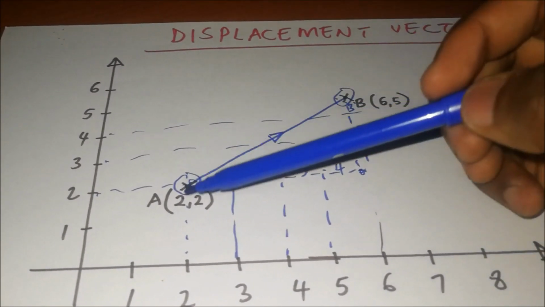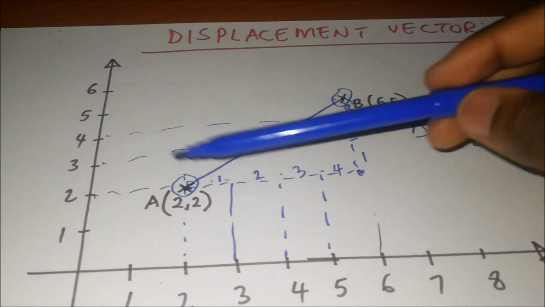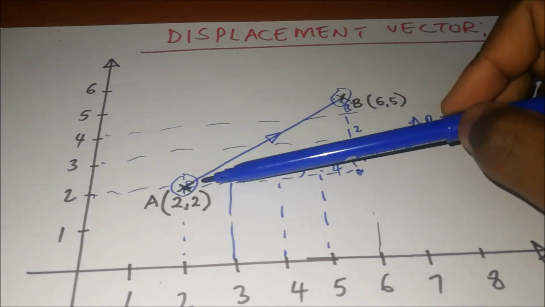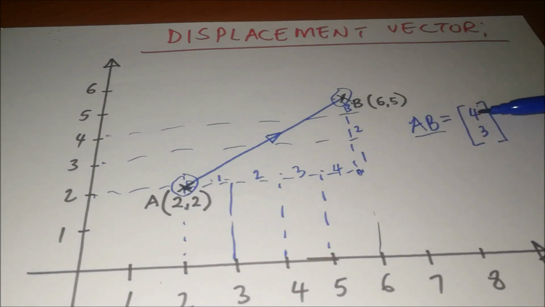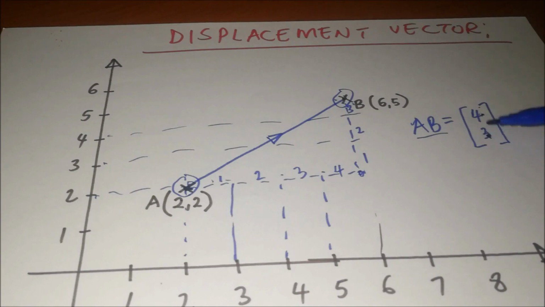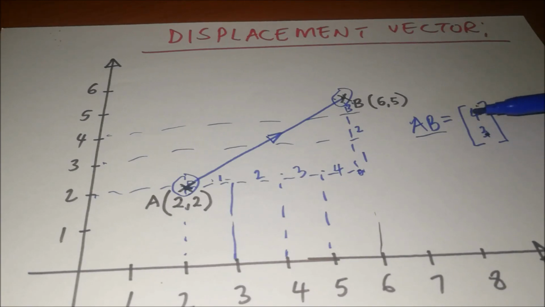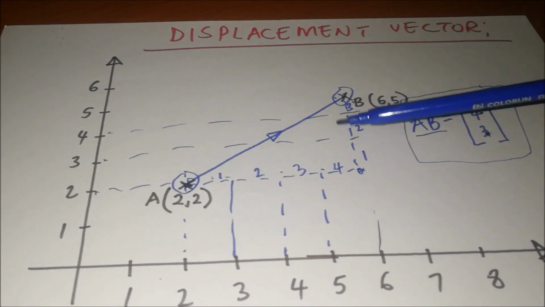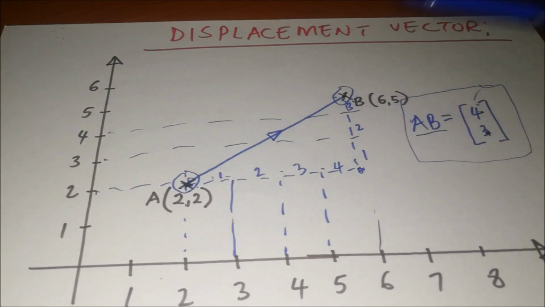So this point A has been displaced. In other words, I have moved from point A to point B by taking these steps, 4 steps in the x direction and 3 steps in the y direction. And so this movement is what we call the displacement. And so this column vector is representing the displacement from point A to point B.